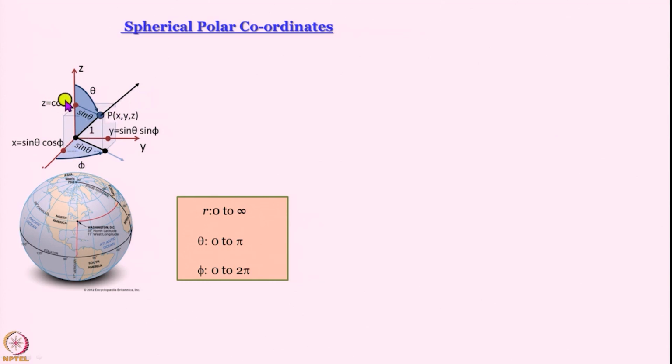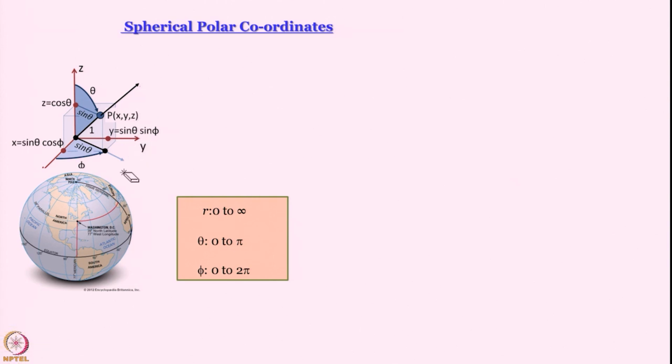So, the angle between z axis and that position vector is called theta, and then if we drop a perpendicular on the xy plane, then the blue arrow that we get is called the projection.